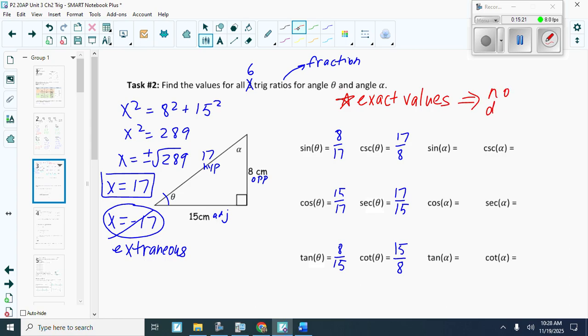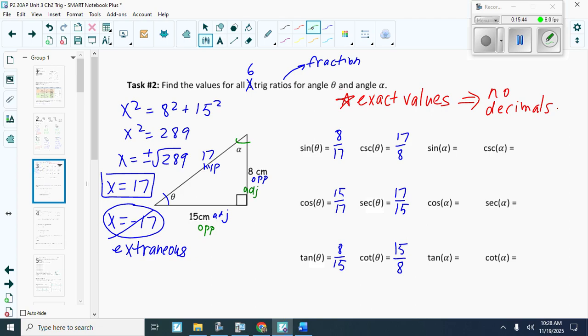Guys, no decimals at all, ever. We're all about exact values. And then when you switch to alpha, this becomes your opposite. This one becomes your adjacent.